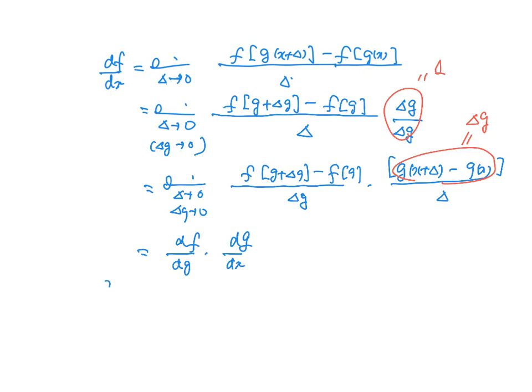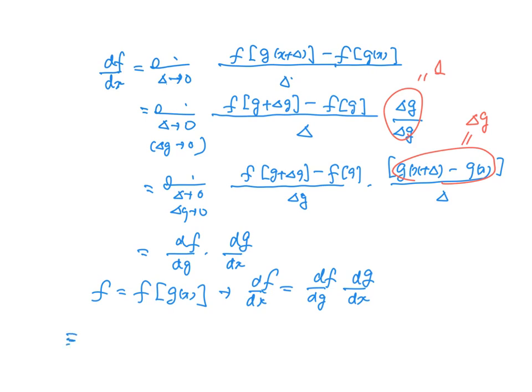So when f is a function of g(x), then df/dx is: you first differentiate f by g, and then g by x. When you have more than one variable, then the d becomes a partial derivative. So we can generalize when f is a function of g(x, y, z).